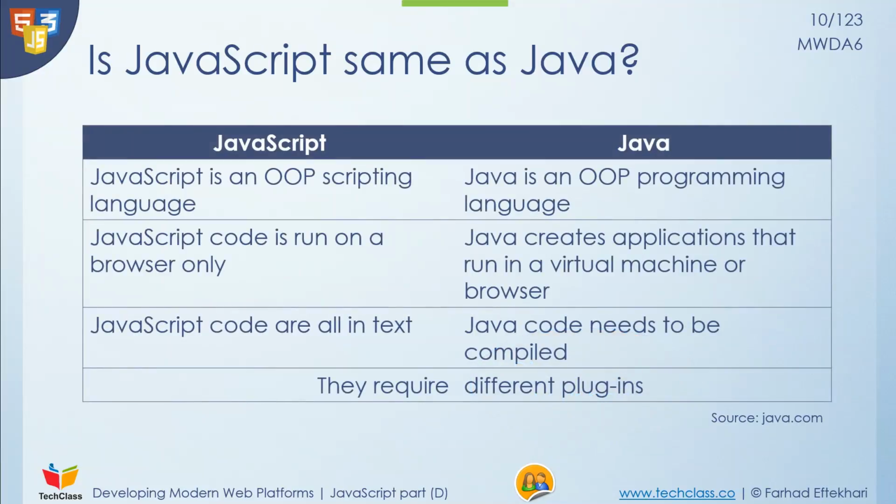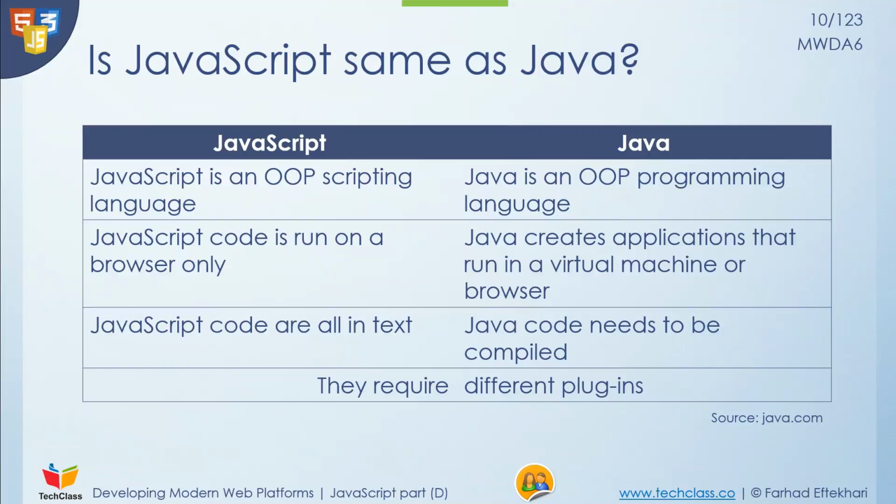So to compare, first of all, JavaScript is an OOP, or object-oriented programming, scripting language, and Java is also an OOP programming language. JavaScript code runs in a browser only, but Java creates applications that run in a virtual machine or browsers. JavaScript code is all text, and Java code needs to be compiled. So there's no compile step needed for JavaScript code.